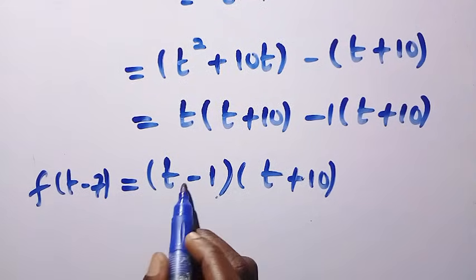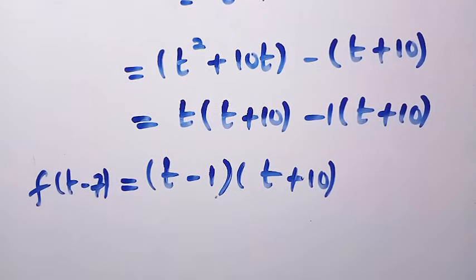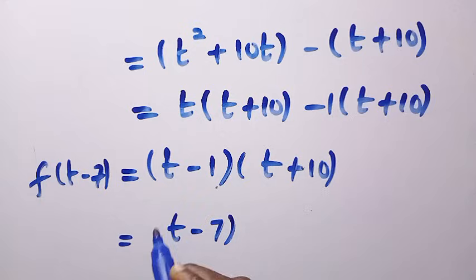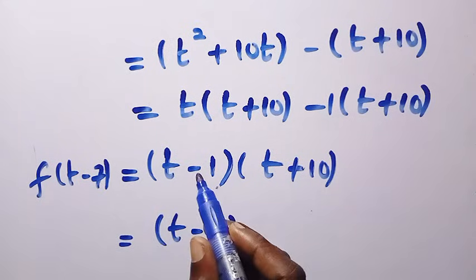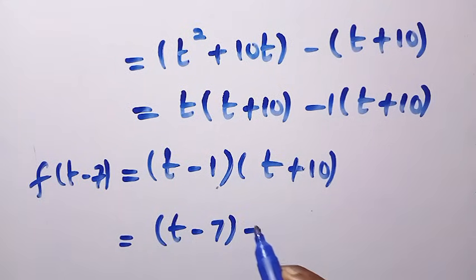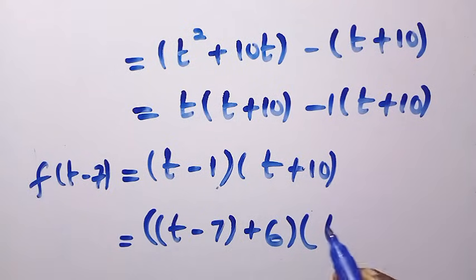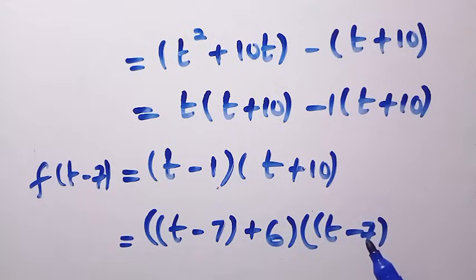So we are trying to manipulate t minus 1, having t minus 7. What to do is very simple. We write this as t minus 7. Then it was minus 1 before. It means we have to add plus 6 to this. And also here we have t minus 7, and it was plus 10 before.